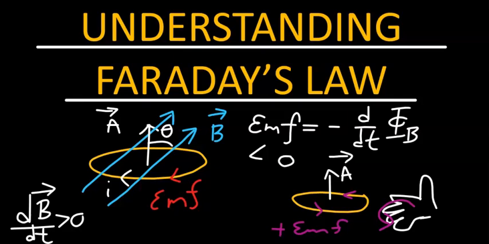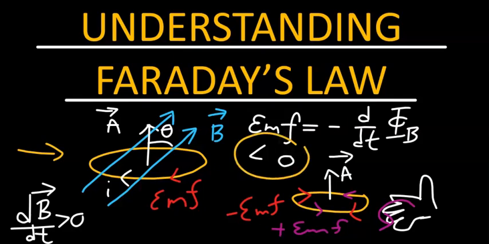The negative EMF therefore must go in the opposite direction, as represented by the red arrows. So that is negative EMF. Since for this case we have worked out the EMF to be negative, the direction of that induced EMF is like that. And the direction of the induced current will follow the direction of the induced EMF.